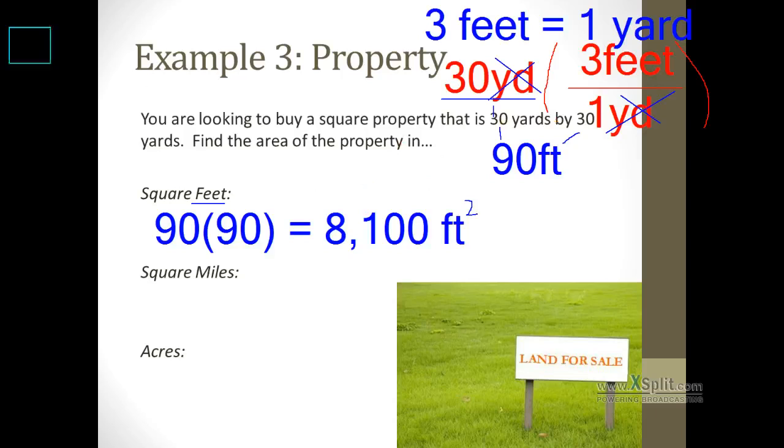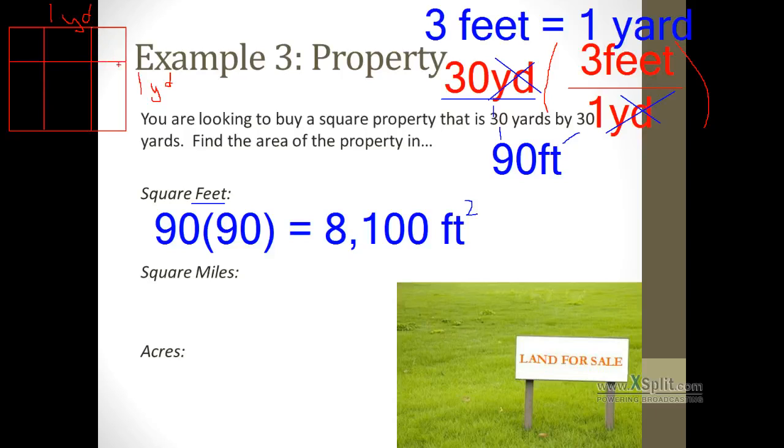Here's why. Suppose you start out with a square that is 1 yard by 1 yard. And you split this into feet. So I have one single line, 1 foot, 1 foot, splitting into 3 different 1 foot segments.